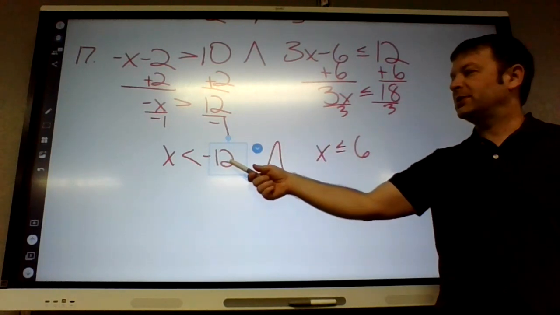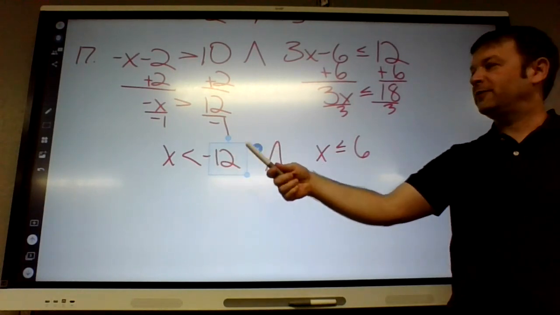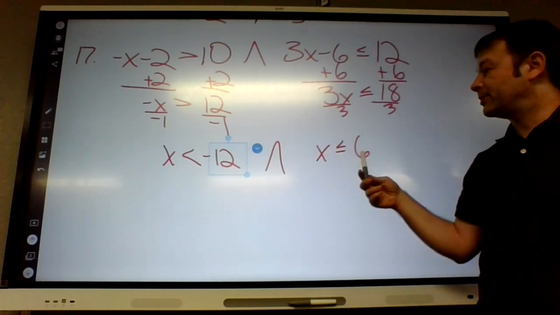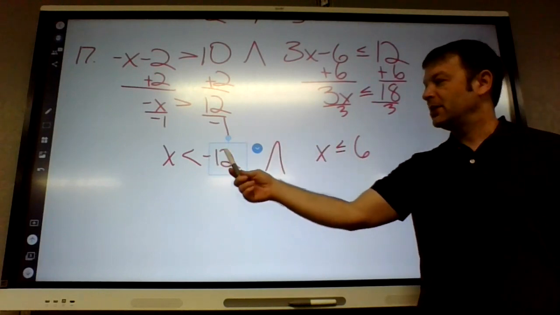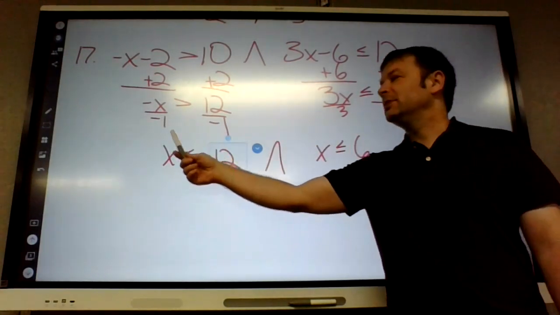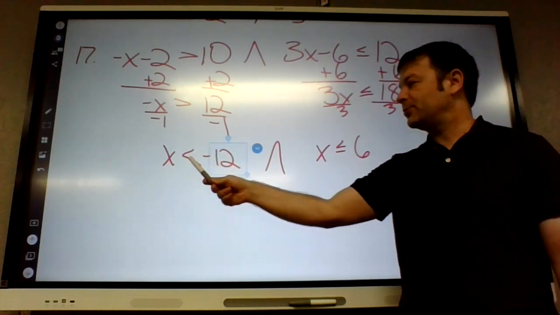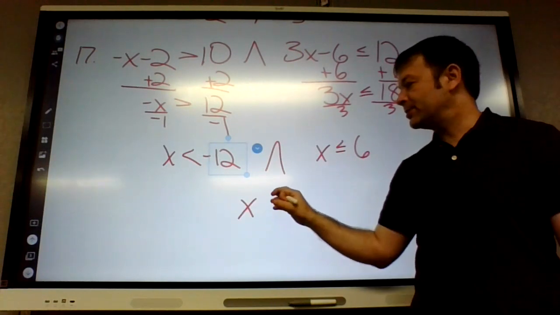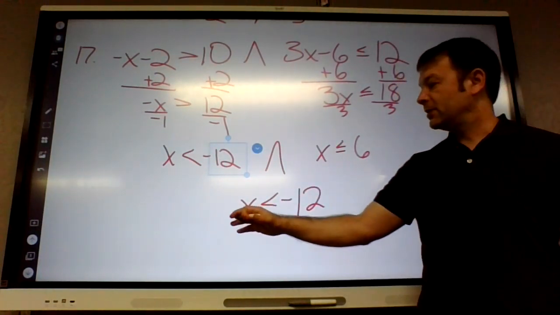What numbers are less than -12? -13, -14, all those numbers. So only those numbers would be less than both of them. I can't use like 5 or 4. Those would be less than this one, but they're not less than that one. So we have to use the limiting qualifier. This one is more particular than that one. Anyway, all the numbers less than -12 would work as the final answer.